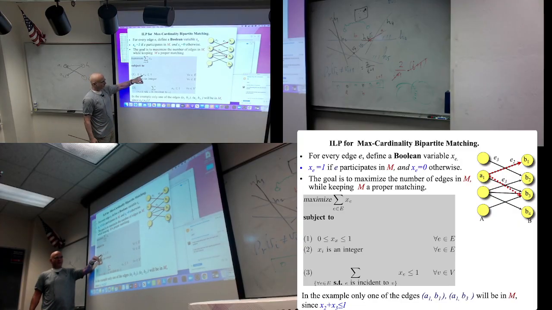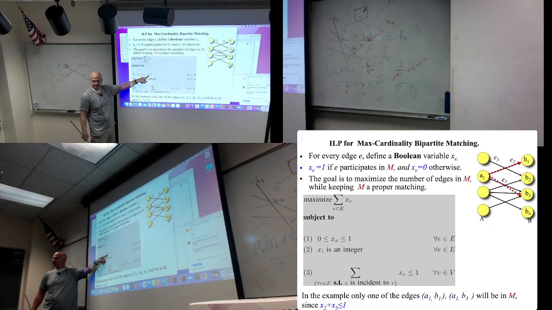How can I force xe, oh, typo, it's xe. How can I force xe to be a Boolean value? First, I'll give two linear half-plane constraints for every xi. I'll say xi is larger than 0, and xi is smaller than 1, making sure that xi is between 0 and 1.